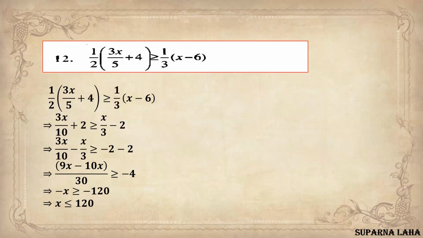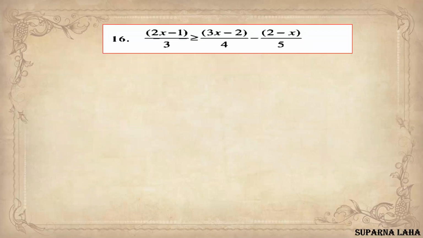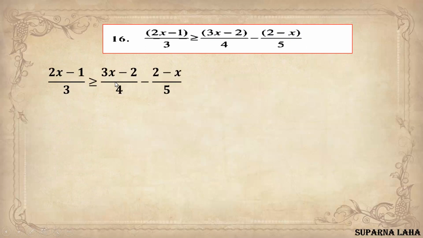So, moving to the next inequality: (2x minus 1) by 3 is greater than or equal to (3x minus 2) by 4 minus (2 minus x) by 5. First of all, I'm taking the LCM for this right-hand side portion.